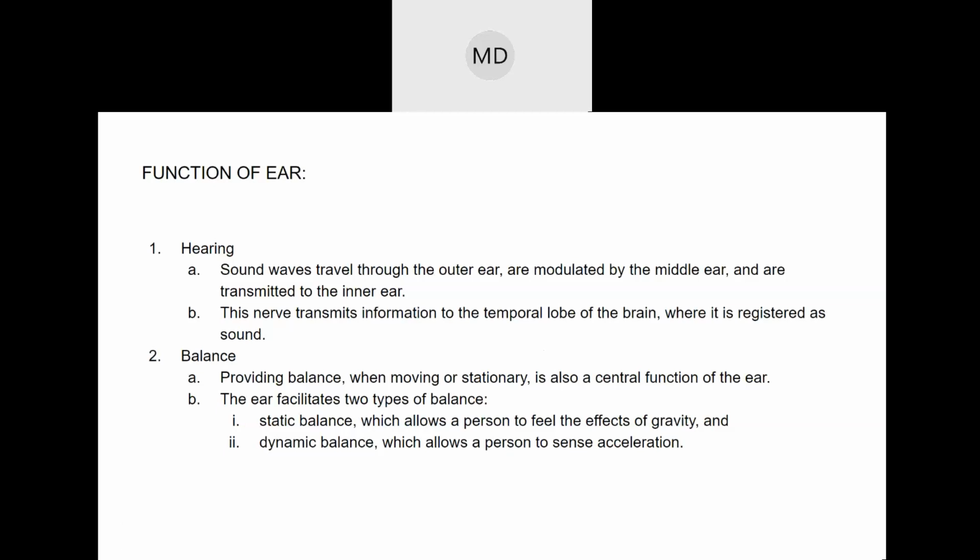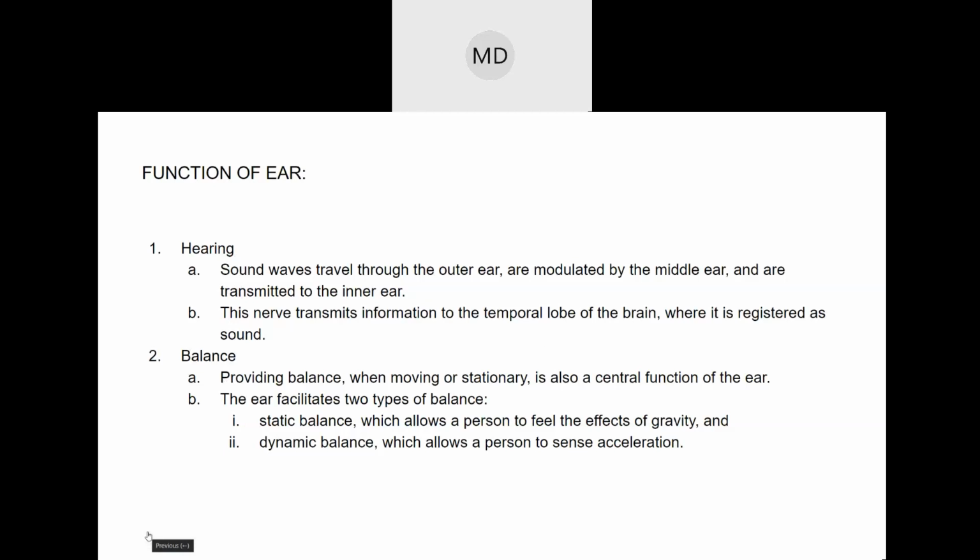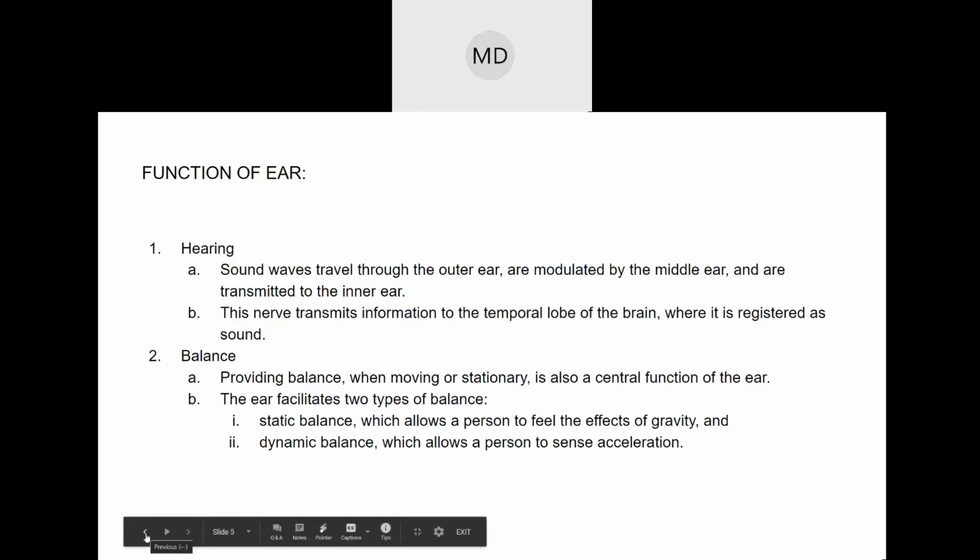Okay, and all of you know that hearing part. The ear helps us to hear. But the second one is balance. What is balance? If I say, without your ear, you will not be able to stand upright.